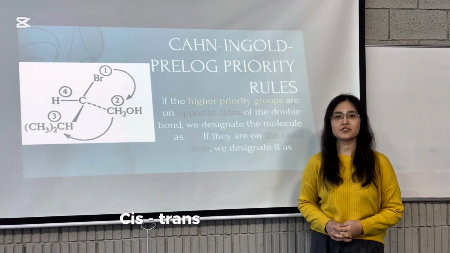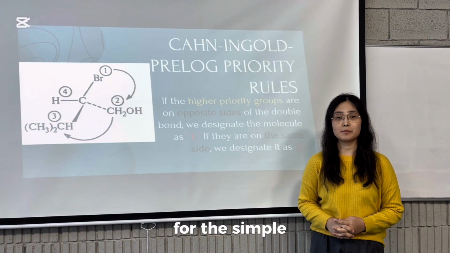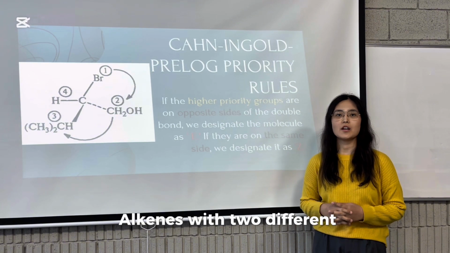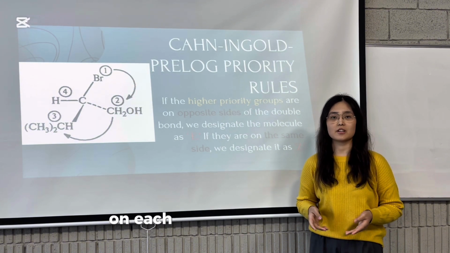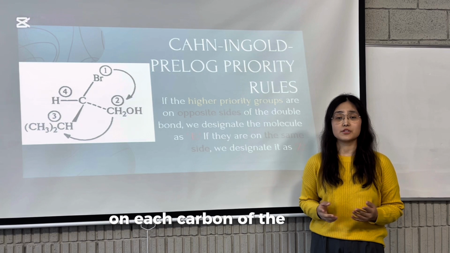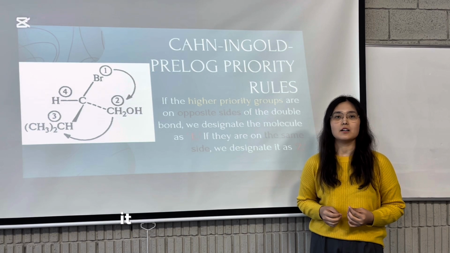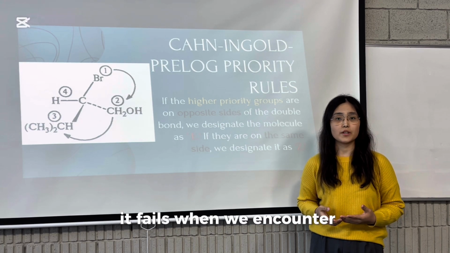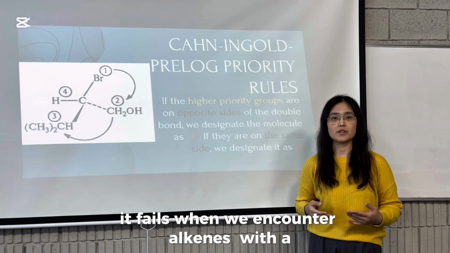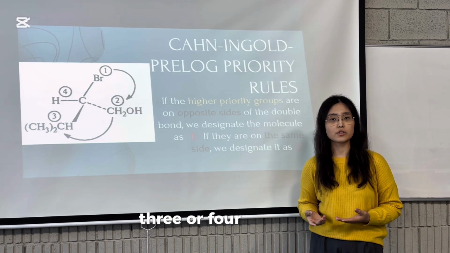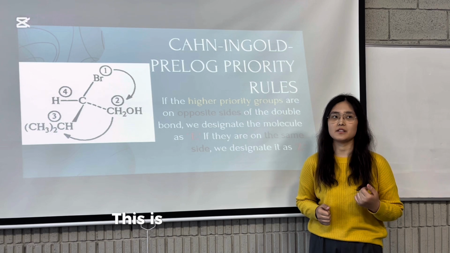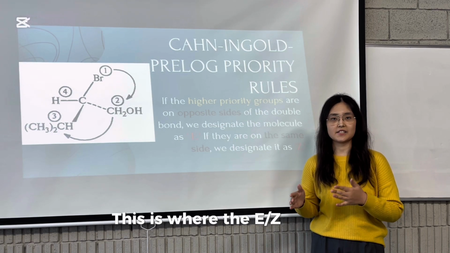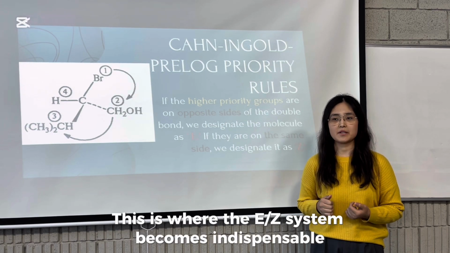Cis-trans nomenclature is effective for simple alkenes with two different groups on each carbon of the double bond. However, it fails when we encounter alkenes with three or four different substituents. This is where the E-Z system becomes indispensable.